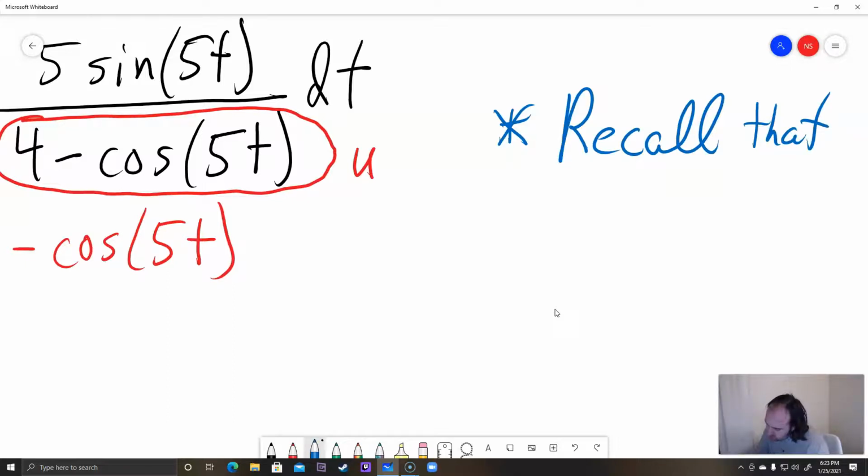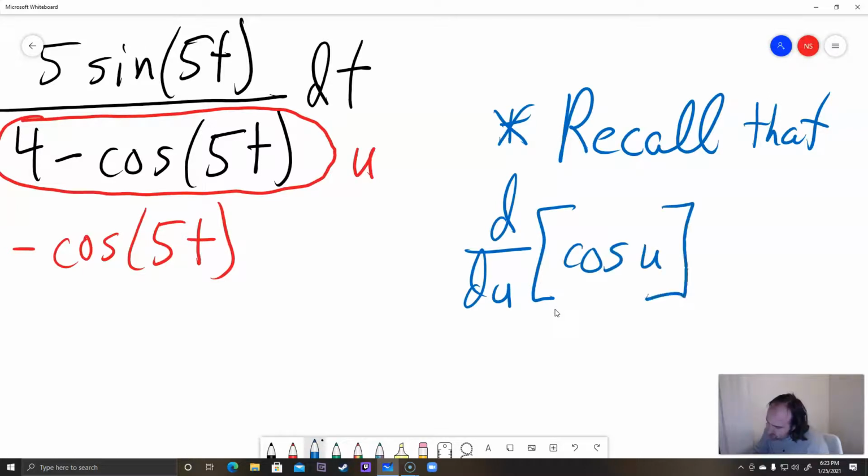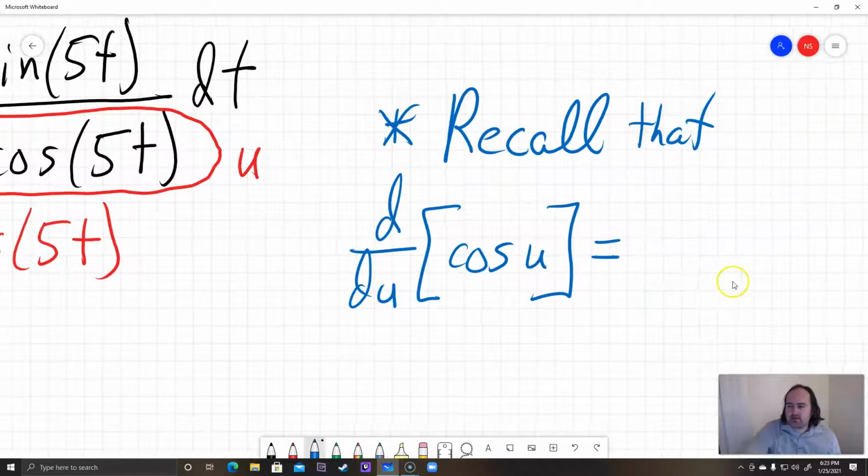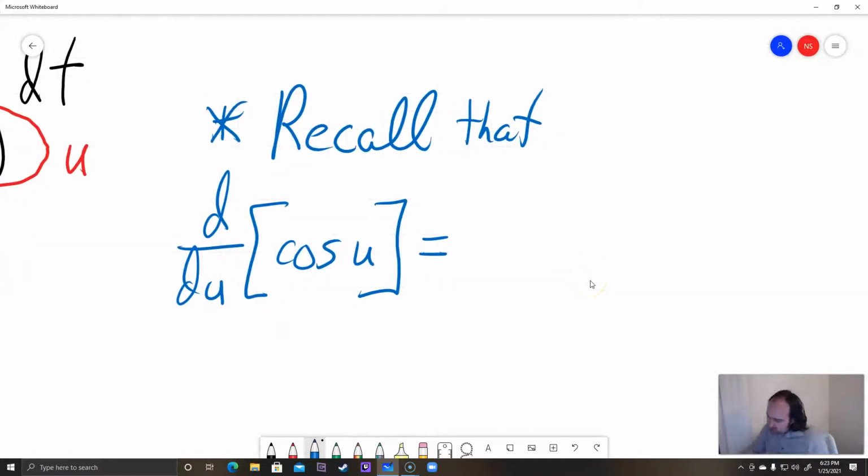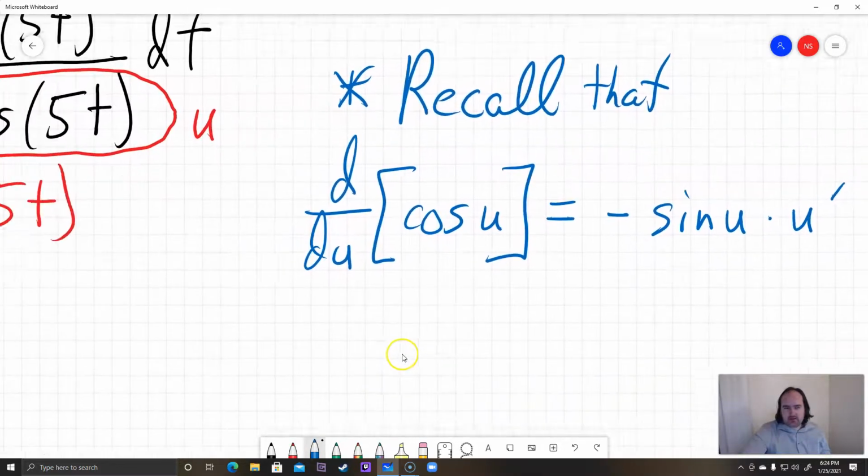Recall that d/du of cosine of u is actually equal to negative sine of u times u prime. Okay, so the derivative of cosine is negative sine. And then you have to use the chain rule, so it's also times the derivative of the inside. So that's the formula we need here.